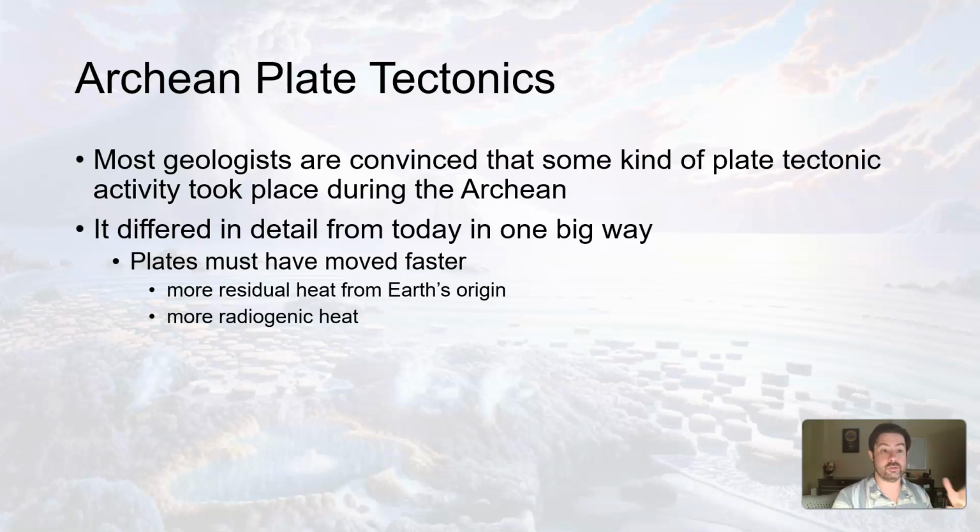There was more radiogenic heat, more radioactive material giving off heat. Magma was generated more rapidly because of all of this heat. So everything was kind of in fast forward. More heat means mantle convection goes faster, which means this whole process of plate tectonics goes faster. So that was the big difference.